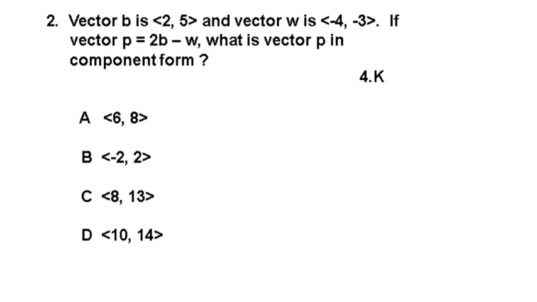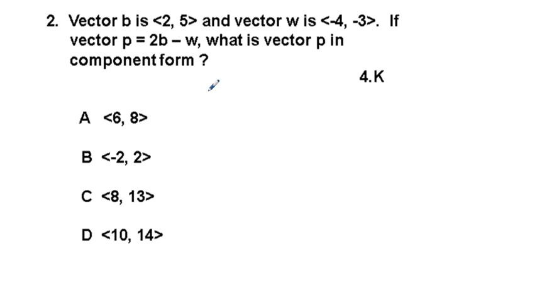Next problem, 2. Vector B is 2, 5. Vector W is -4, -3. If vector P equals 2B minus W, what is vector P in component form?